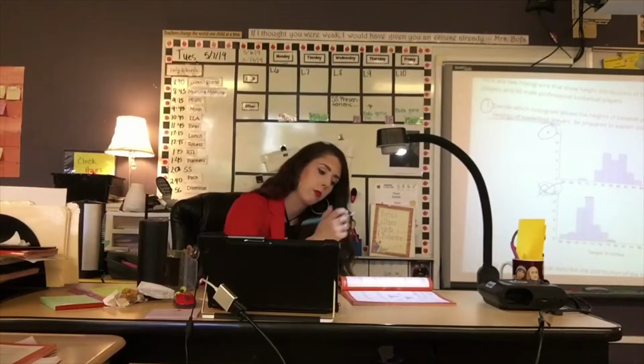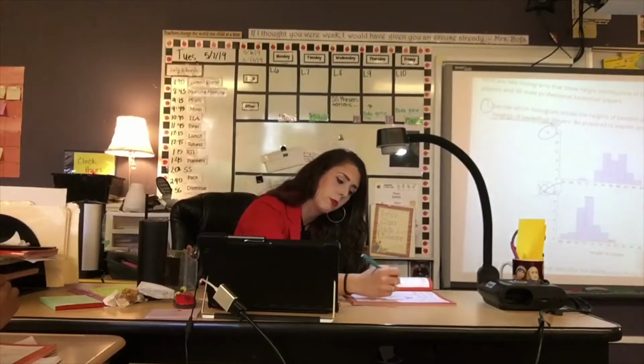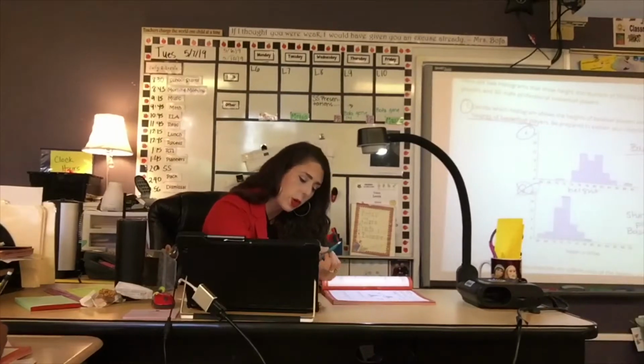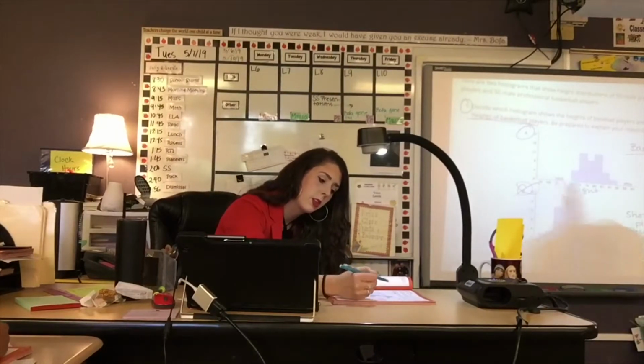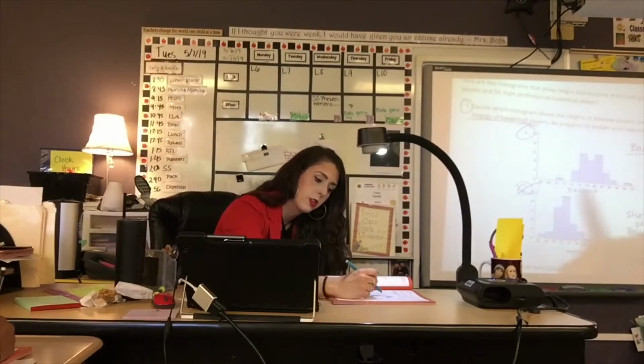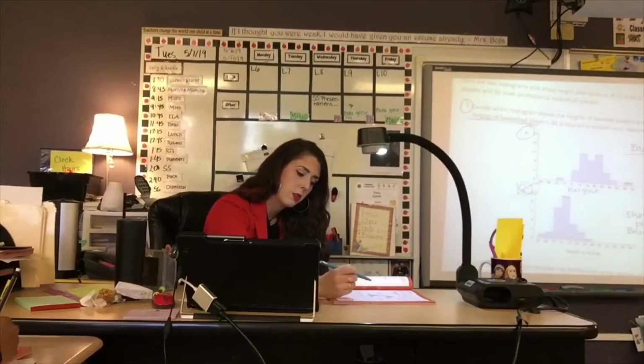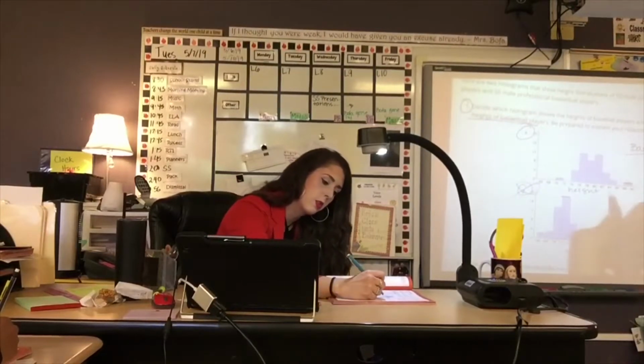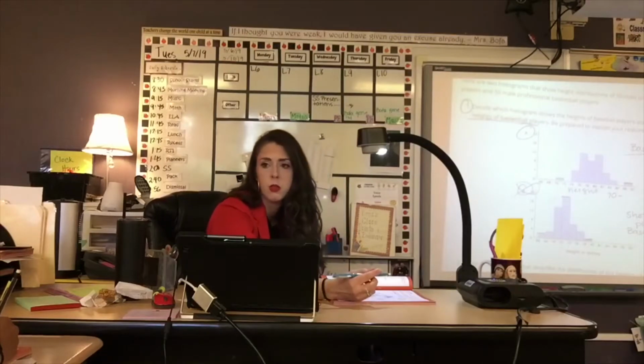Because if you look at the x-axis, it shows the inches of the players. It goes from 66 to 90, and the majority of them are between 73 and 80 inches.